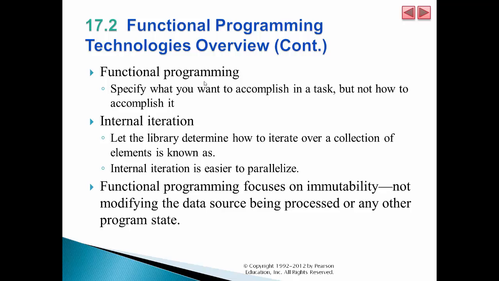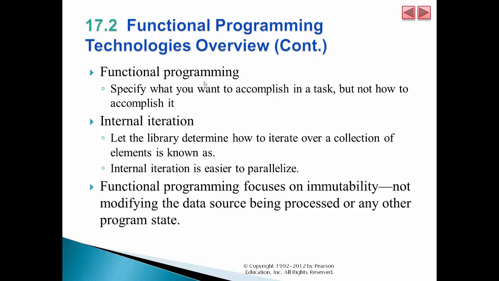We tell what we want at the end, what our imagined output is, and let the programming language decide how best to implement that functionality. So it's a declarative way of writing things.